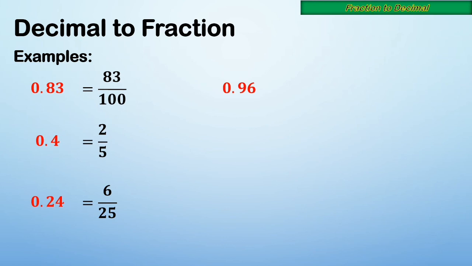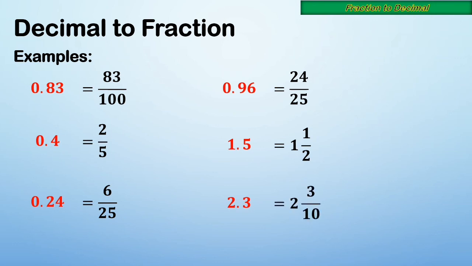Meron silang common. Then, ang sagot is 24 over 25. Next, 1.5. Change to fraction. And that is 1 and 1/2. Okay, 2.3. Okay, that is 2 and 3 over 10.